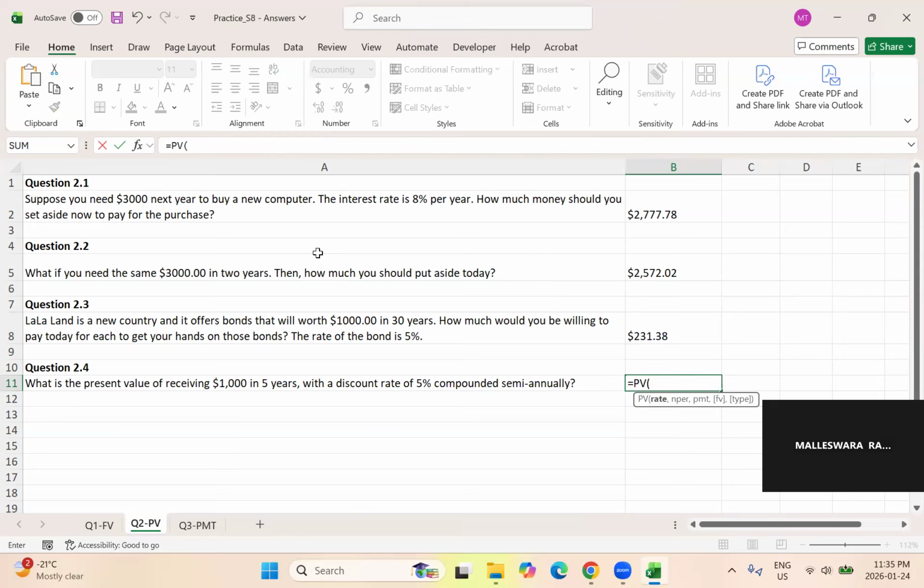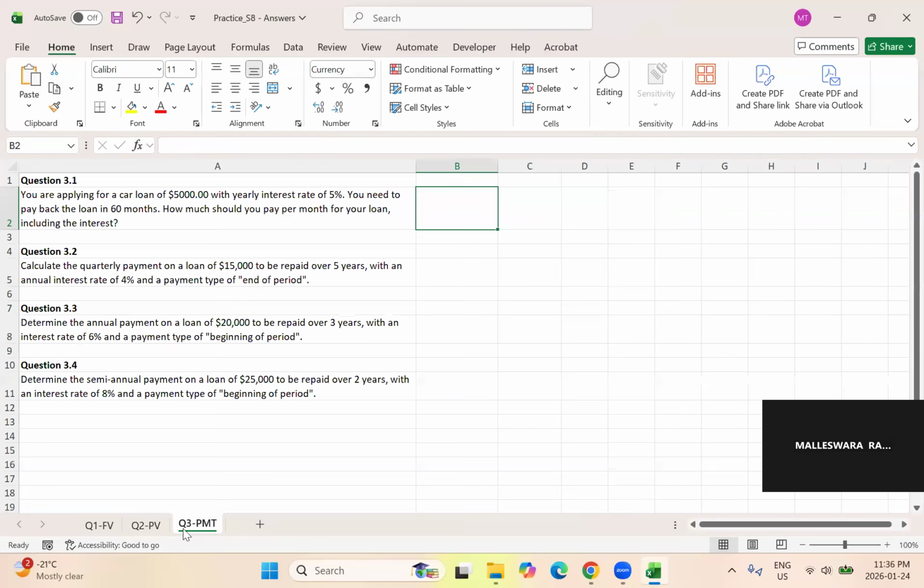The interest rate is 5%, 0.5 divided by 2, semi-annual, 5 years, 5 multiplied by 2, number of periods, and the future value is 1,000. That's it. So you want to put negative sign. So 781.2. And the next one is a payment function, which is equal to, you're taking a car loan.